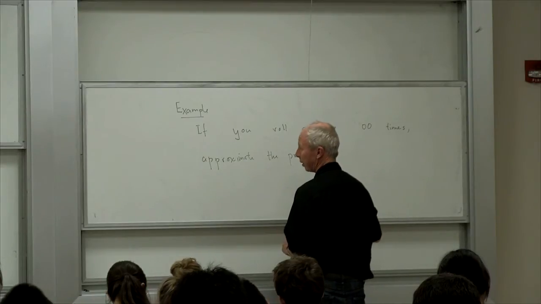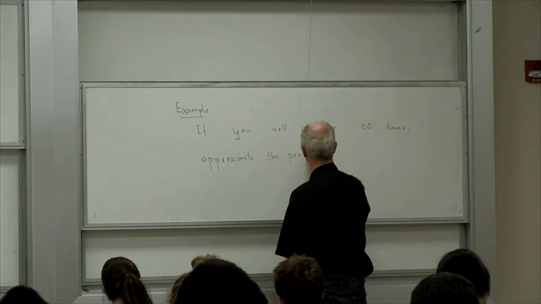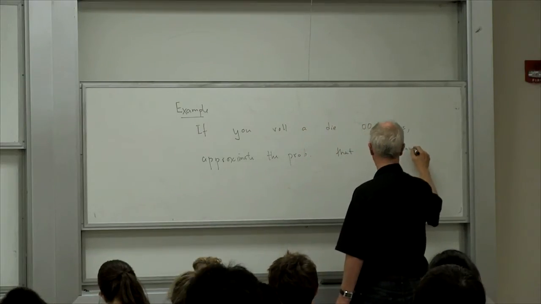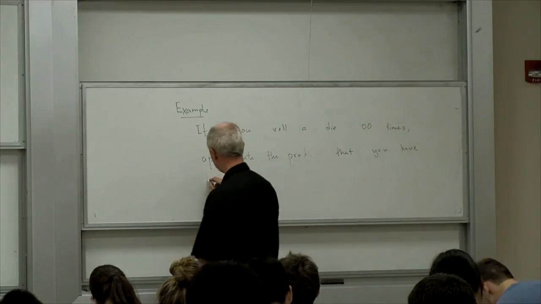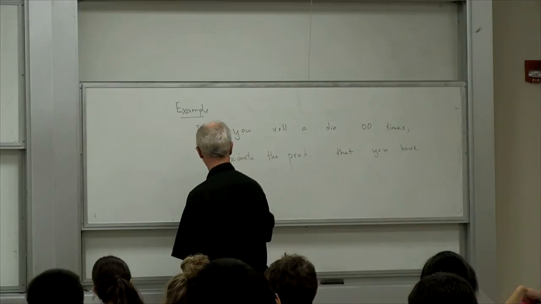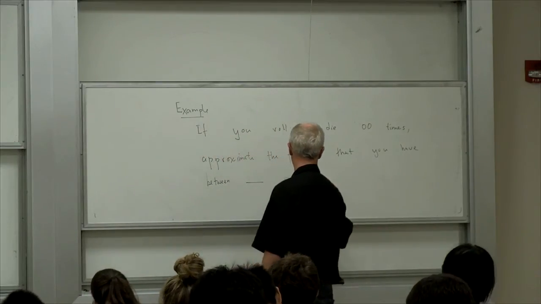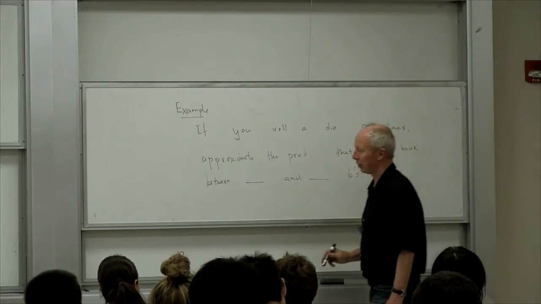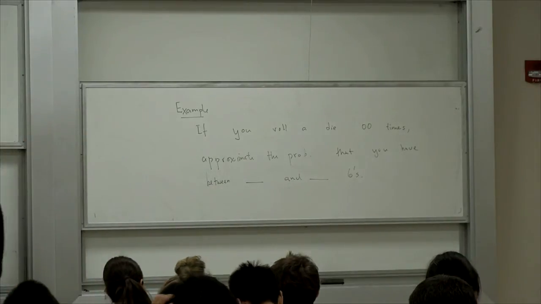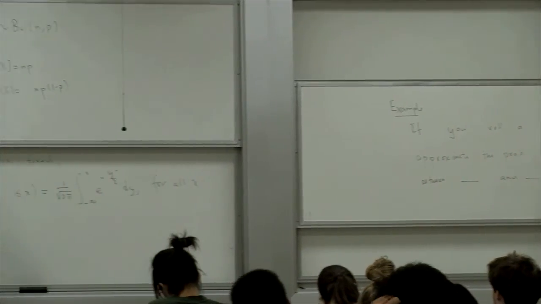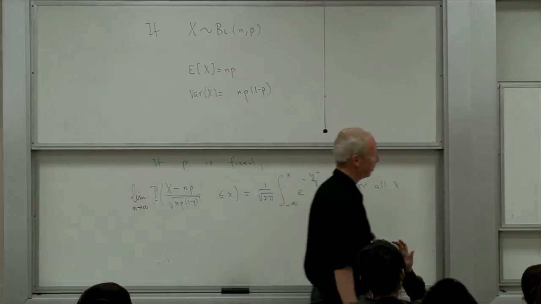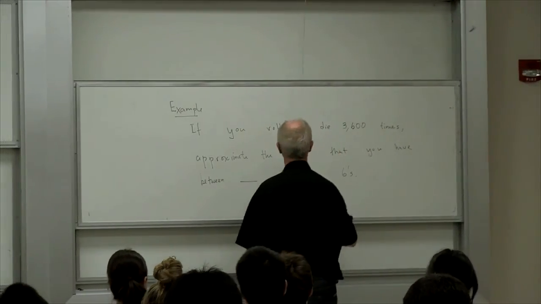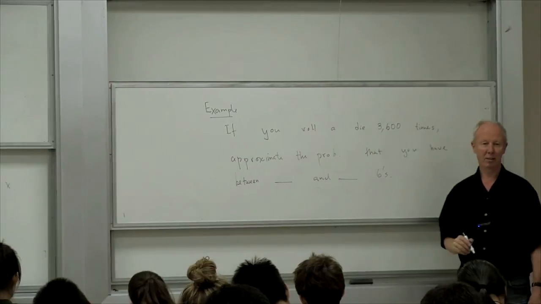Let me think about whether I want to use 100. Okay, so 600 would be 36. Let's roll the die 3,600 times.